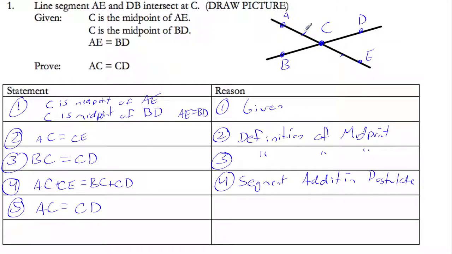So that means that AC is going to be equal to CE, and BC is equal to CD, because of the definition of a midpoint.